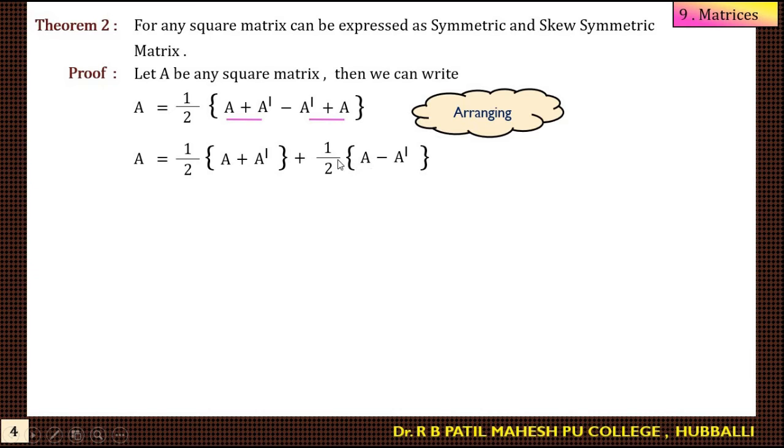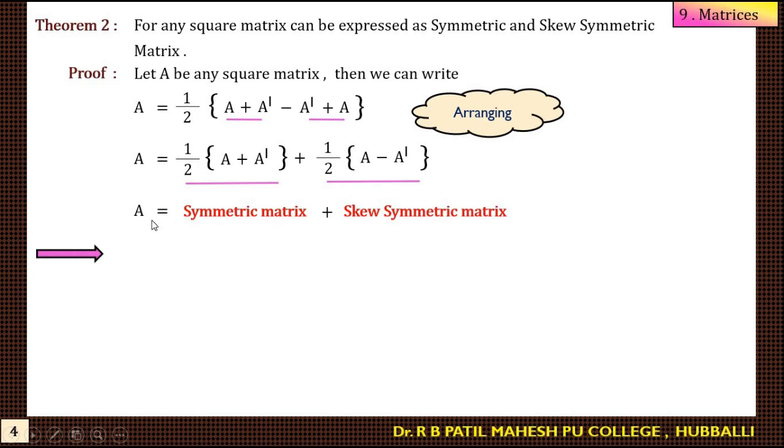Therefore half of A minus A dash is nothing but a skew symmetric matrix. So A is written now, A is equivalent to half into A plus A dash, which is a symmetric matrix, plus half into A minus A dash, which is a skew symmetric type matrix. That means we expressed A in symmetric matrix and skew symmetric matrix form.